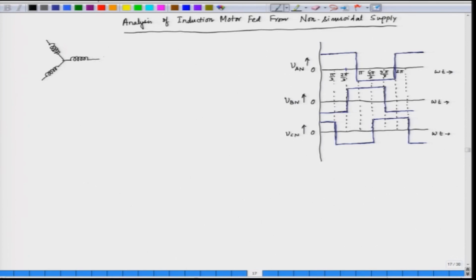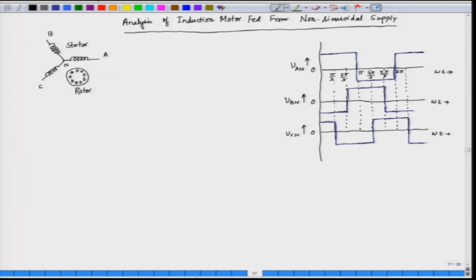Let us say we have the neutral here and we are applying the voltage between one phase and the neutral. These are the 3 phase voltages, and the rotor is a short circuited rotor, which could be a cage rotor or a squirrel cage rotor. So, when we apply this 3 phase to the stator of the induction motor, what happens?